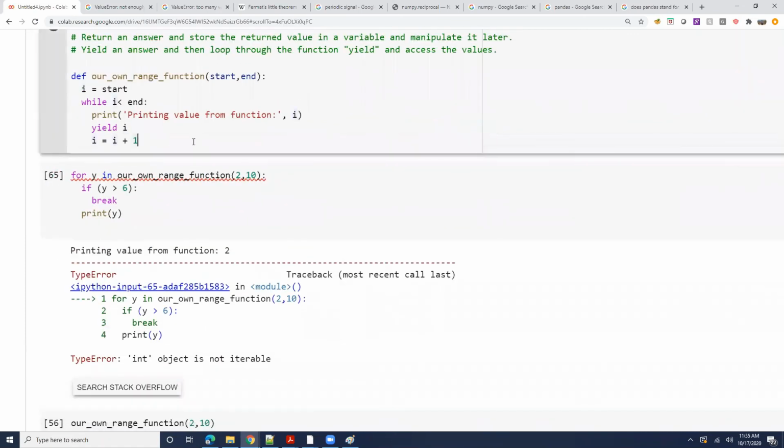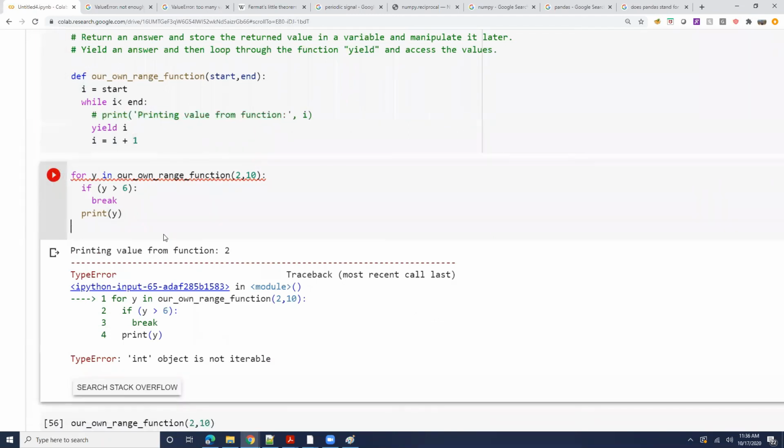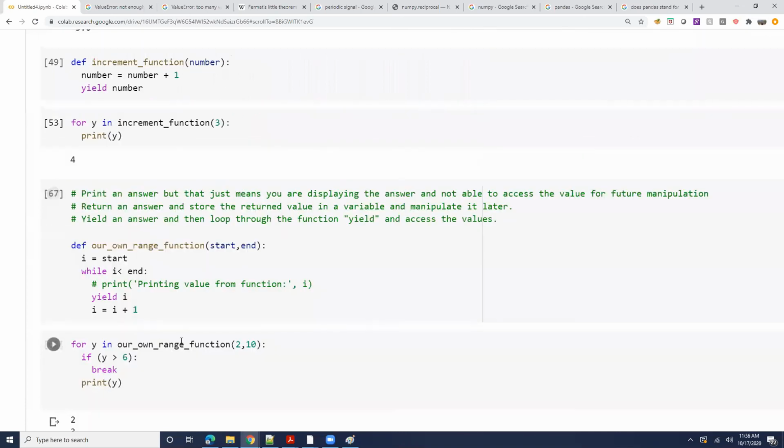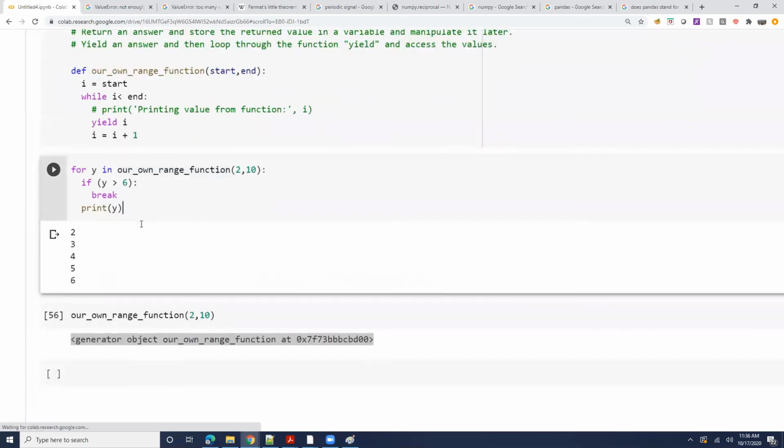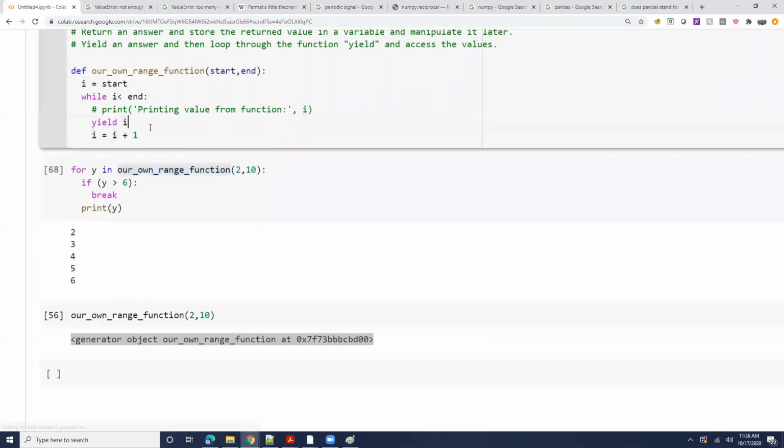I changed this, so I have to compile one more time. I'll remove the print. So see, it stopped at 2, 3, 4, 5, 6. Each time it calls the function, it returns a different value. You can even make it return the same value. So along with yield, you need to print the function outside the function.